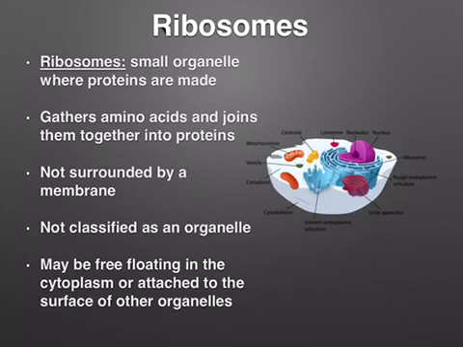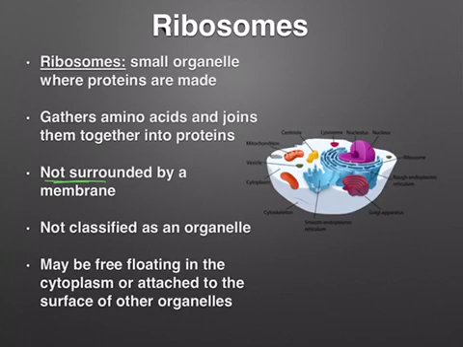Next, we have ribosomes. Again, I think we talked about ribosomes a little bit. And they are small organelles where proteins are made. And they gather amino acids and join them together to make those proteins. They are not surrounded by a membrane, so therefore they are not classified as an organelle.